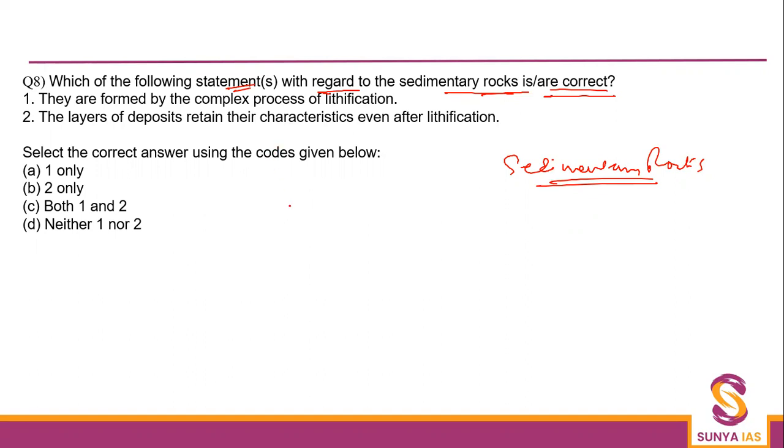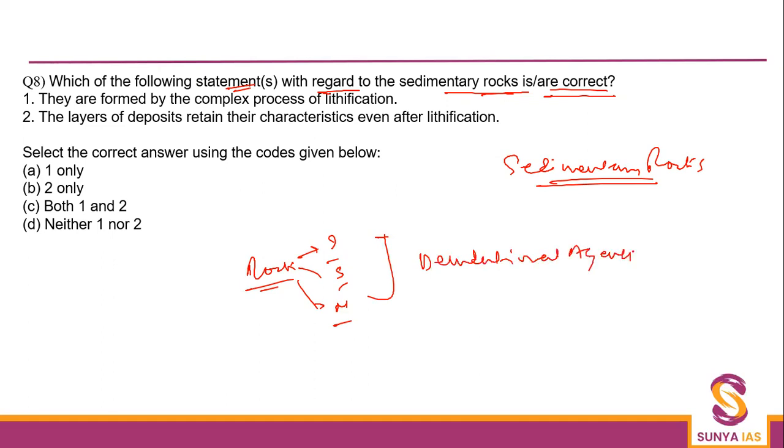So friends, first tell me, what is lithification basically? In lithification, what happens is that any rock system, whether igneous rock, sedimentary rock or metamorphic rock, is exposed to the denudational agents. Denudational agents are wind, water, weathering agents and all. Because they are exposed, they are broken into small fragments.